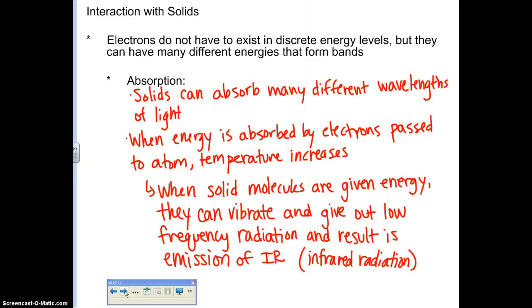Whereas in the summertime, you want to wear light colored clothing because it is reflected, thus keeping the body temperature at a lower amount or the same amount, not increasing it. When solid molecules are given energy, they can vibrate and give out low frequency radiation. The low frequency radiation that they give off would be emissions of IR.